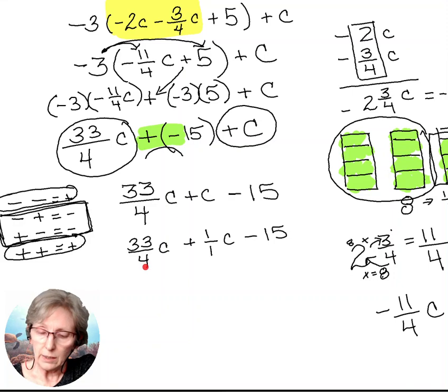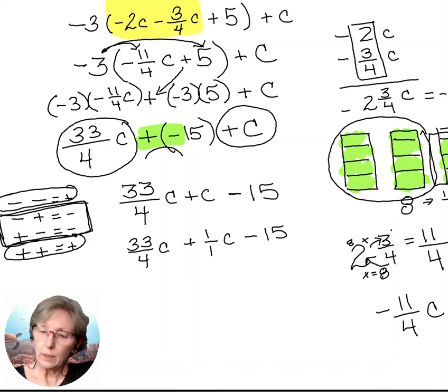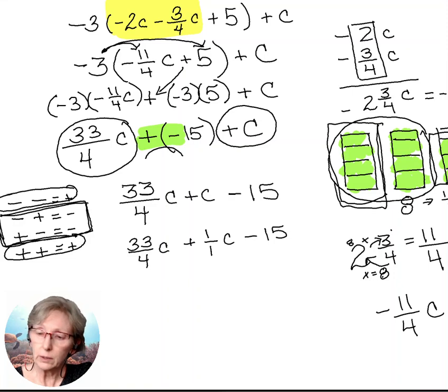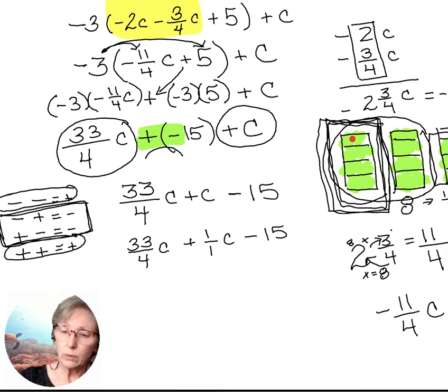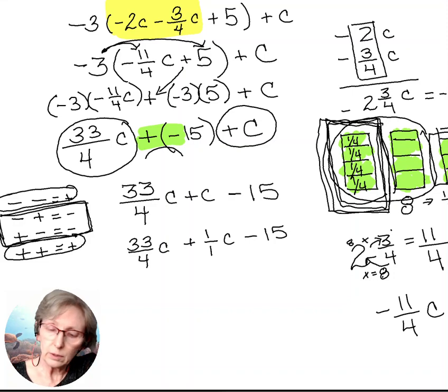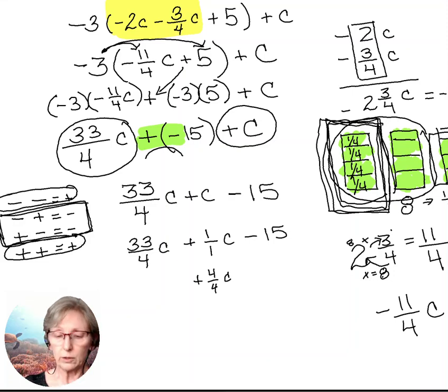Now, we need the common denominator to be 4. Now, we've already shown earlier that 1, I'm up here over on my drawing, making a rectangle around 1, equals 1/4, 2/4, 3/4, 4/4. So 1 is 4/4, which makes sense. 4 divided by 4 is 1.